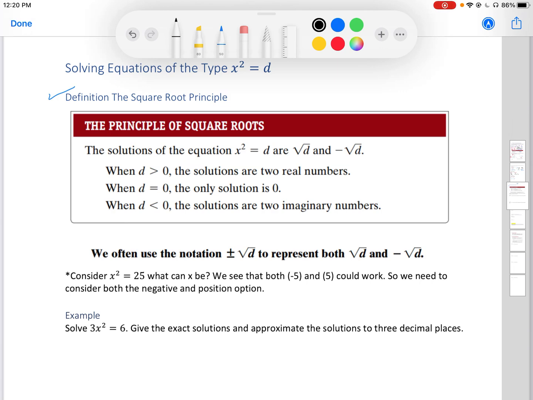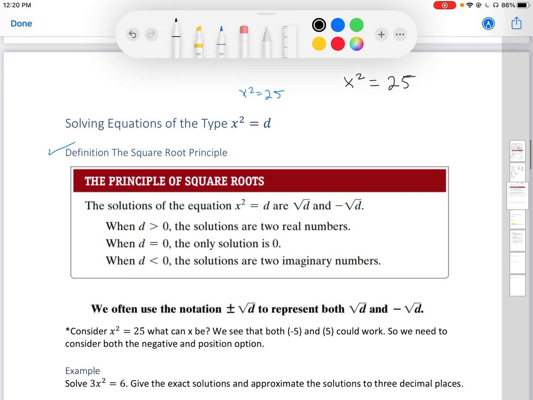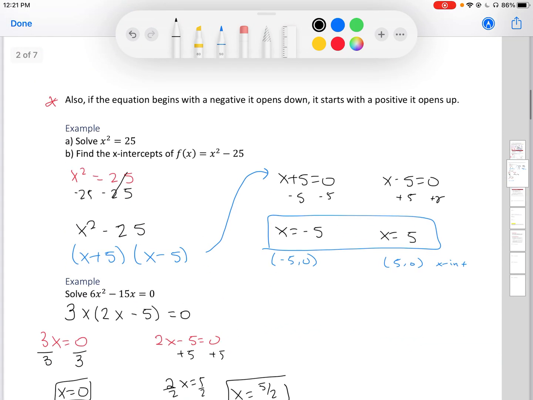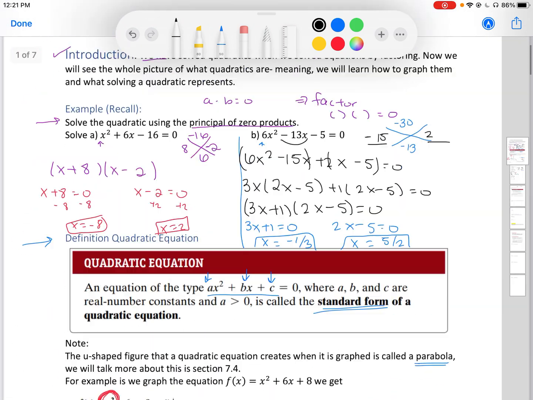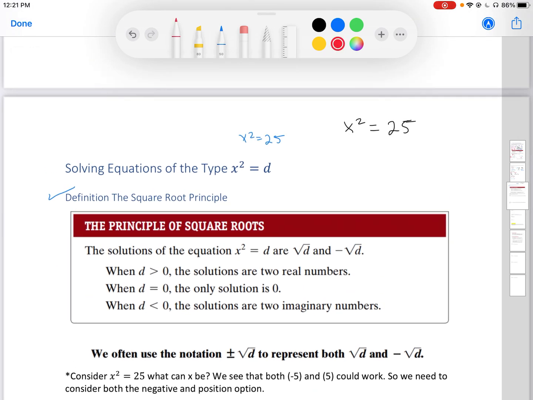So what we're saying is we can apply the square root to both sides. So take a look at the example we just did, the first example, x squared equals 25. What this method is also called is the square root property. So we can undo the square by taking the square root of both sides, thus undoing this square and this square.